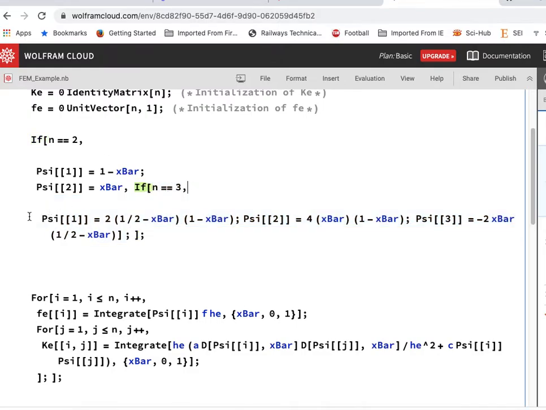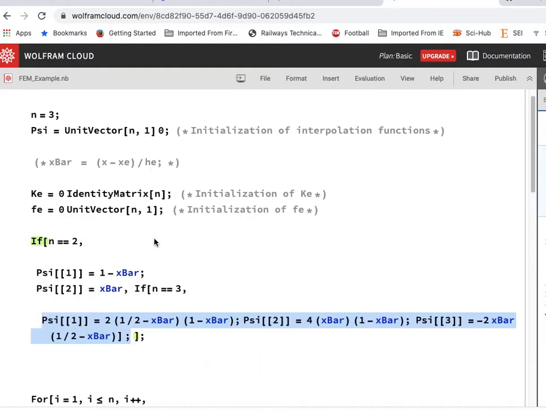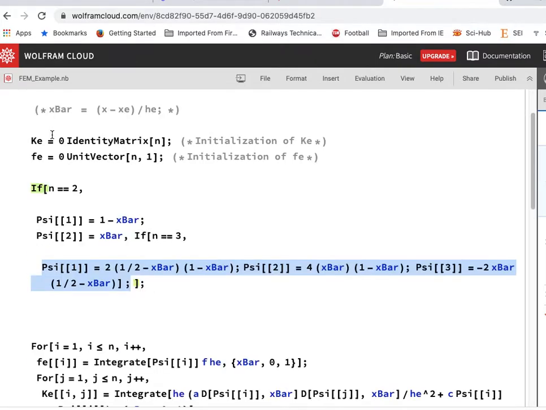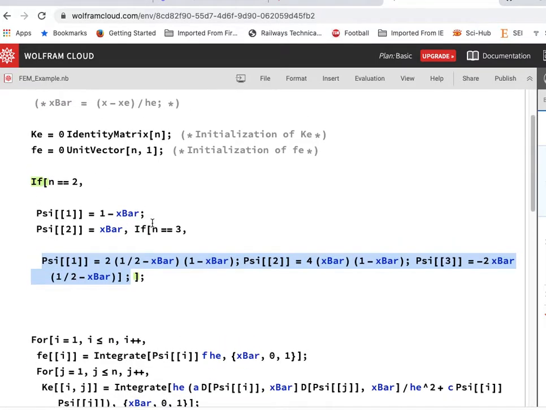If n equals 3, then do this assignment. This is the reason. I could have simply put this psi equal to this, but it would not be completely correct, because I can also have n equals 4. I can have any number of nodes per element.